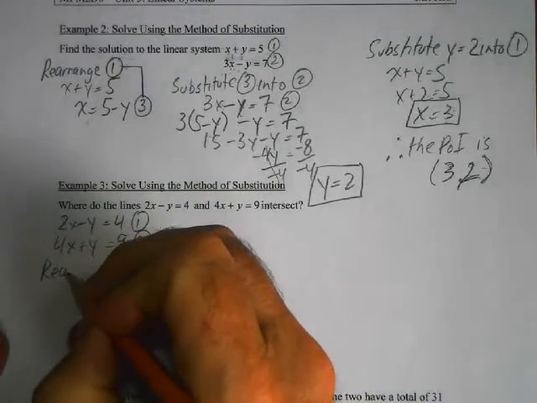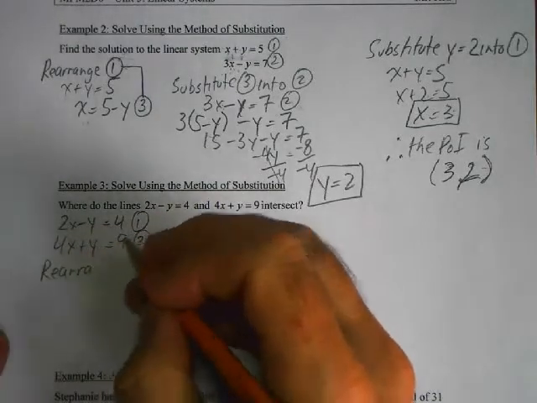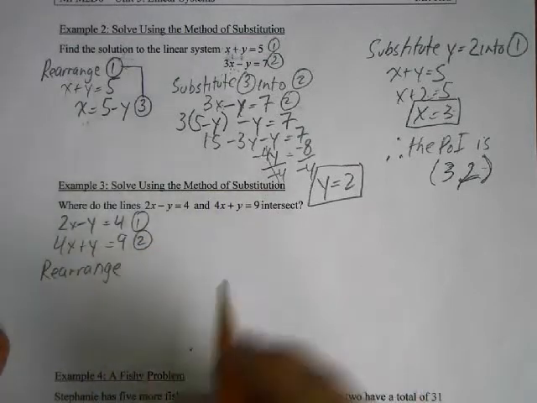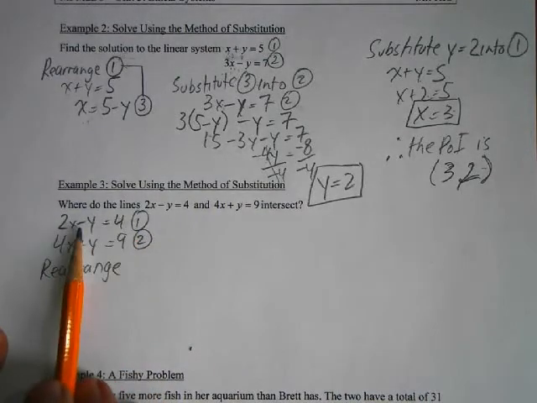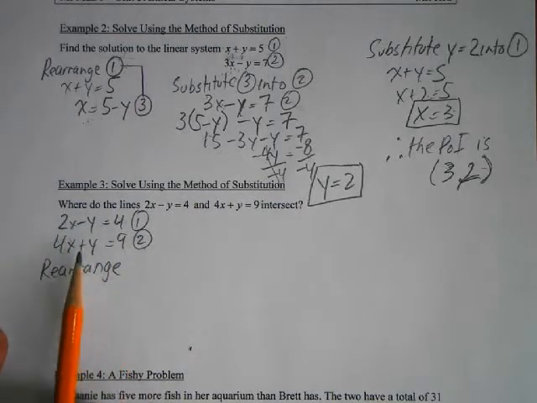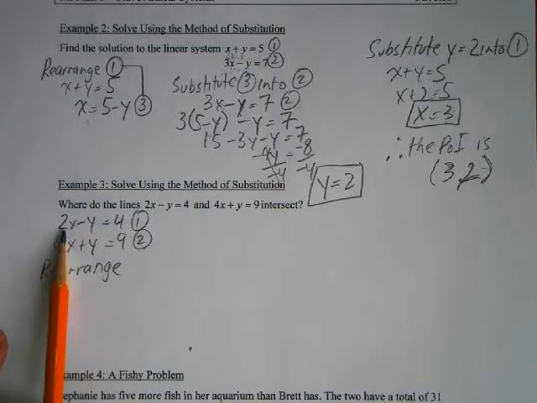Now remember, when rearranging you've always got 4 options. I could isolate equation 1 for x, equation 1 for y, equation 2 for x, or equation 2 for y. But again, for the best choice, look at the coefficients and you're looking for positive 1. The coefficients there are positive 2, negative 1, positive 4, positive 1.